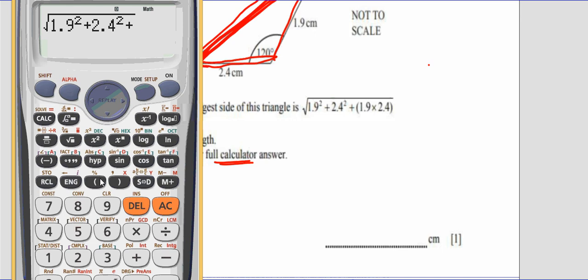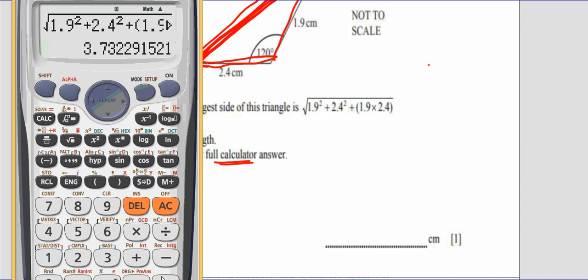Plus, then I have to open brackets here, then 1.9 multiplied by 2.4. With this calculator, I can do it straight away. Then when I hit equals, I'm getting 3.732291521.